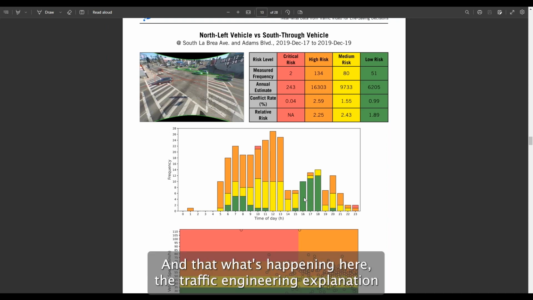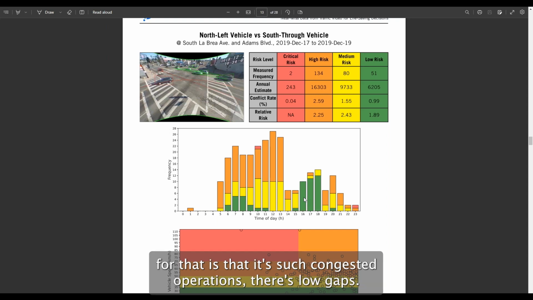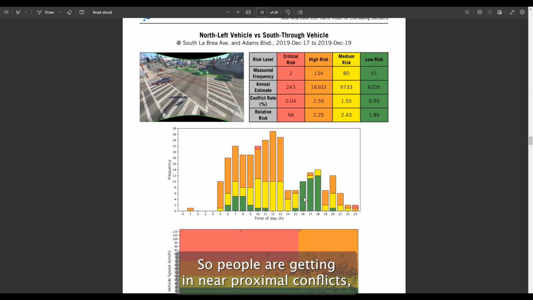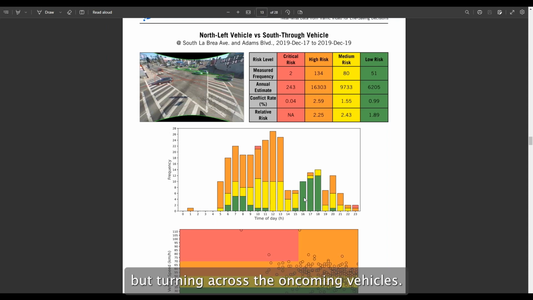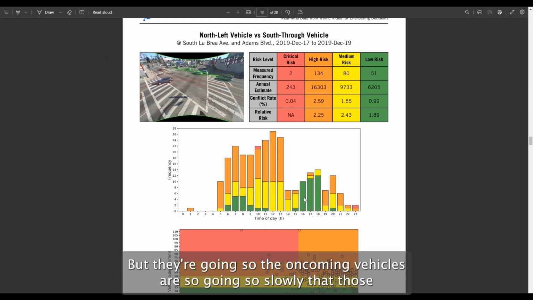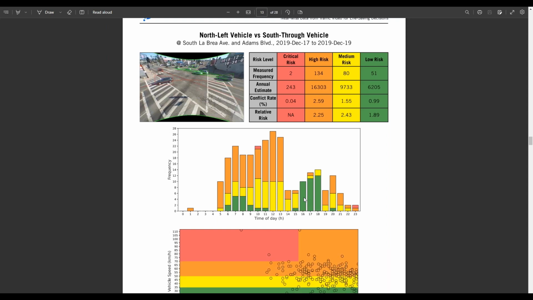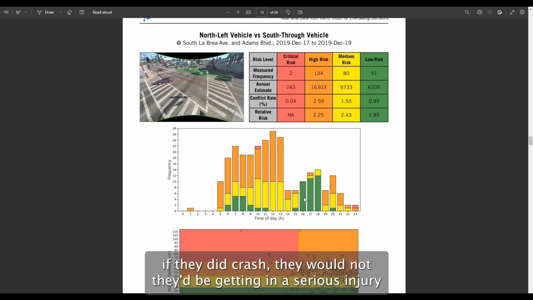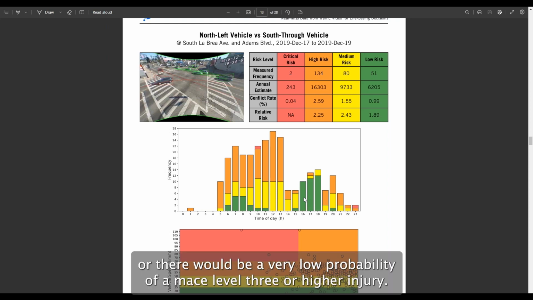What's happening here, the traffic engineering explanation for that, is that it's such congested operations, there are low gaps, so people are getting in near proximal conflicts by turning across the oncoming vehicles, but the oncoming vehicles are going so slowly that if they did crash, they would not be getting a serious injury, or there would be a very low probability of a MAIS level 3 or higher injury.